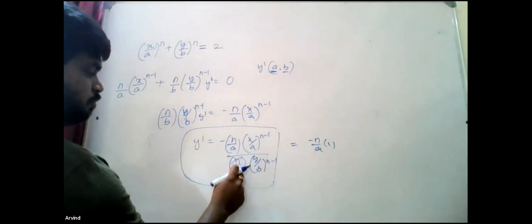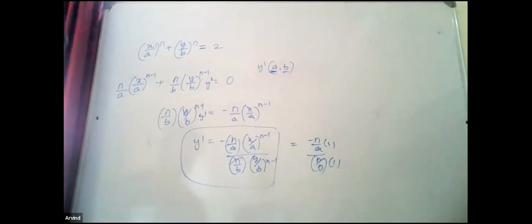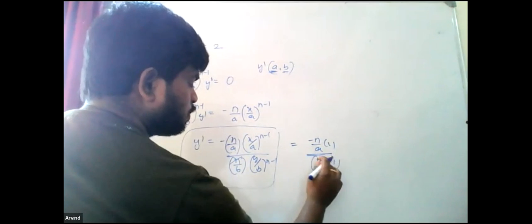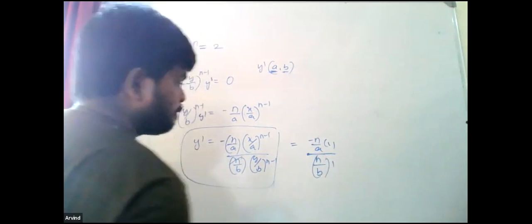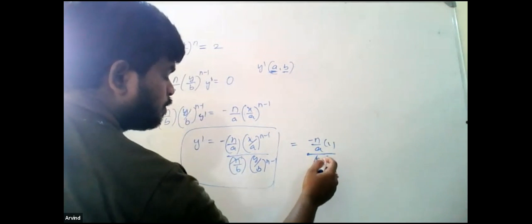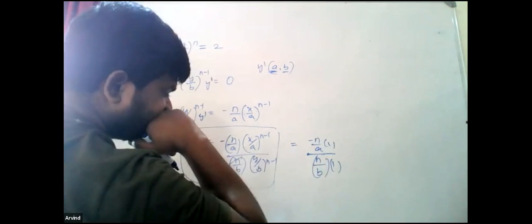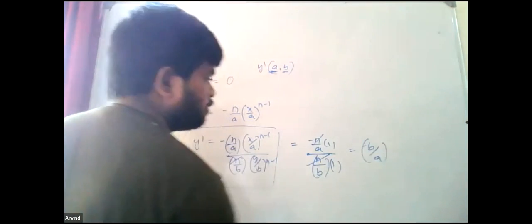And n by b, 1. n gets cancelled. Therefore, you'll get minus b by a as the slope.